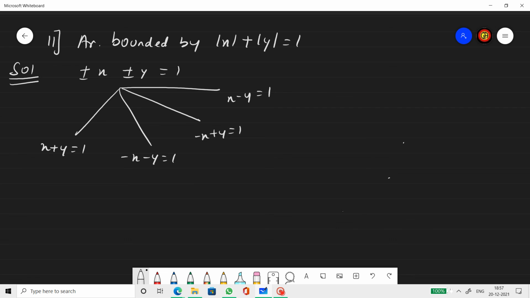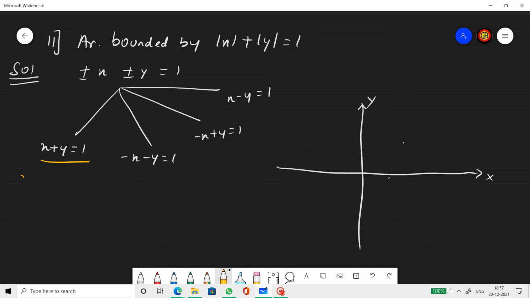Now draw the x and y axis. Take the first line, which is x plus y equal to 1. When x is 0, y is 1, and when y is 0, x is 1. So it passes through 1 comma 0 and 0 comma 1.